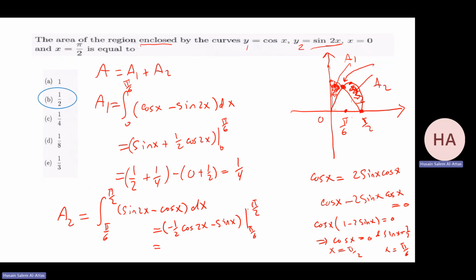Substitute pi over 2, you get pi. Cosine pi is minus 1, that will be half. Sine pi over 2, gone, 0. Minus, with pi over 6, it will be cosine pi over 3, which is minus half. That gives me what?